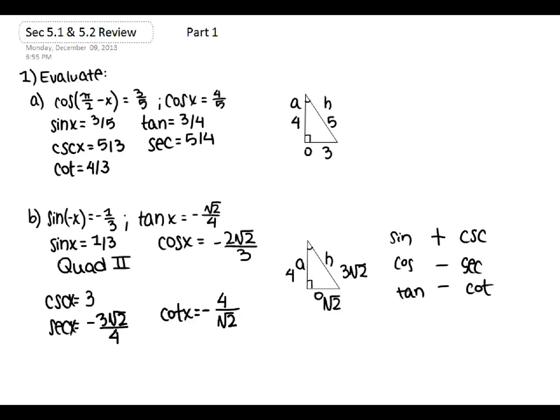Once again, we have to rationalize, so times root 2 times root 2 is going to be negative 4 root 2 over 2, and we can simplify even further because this is just 2. So, negative 2 root 2. Okay? And I'm going to write that neatly here. Negative 2 root 2.